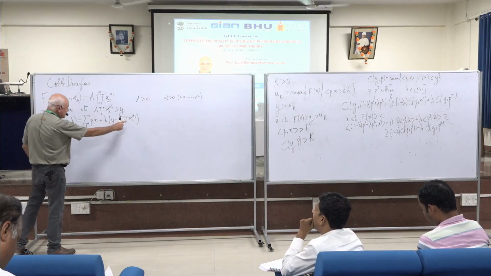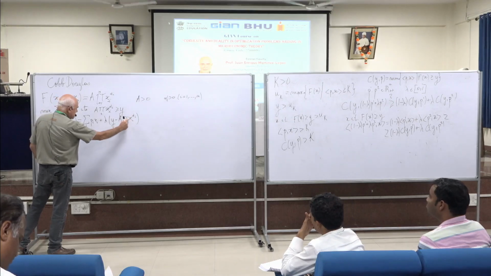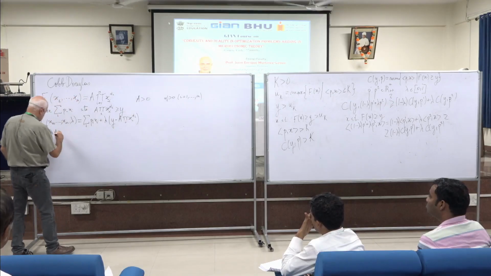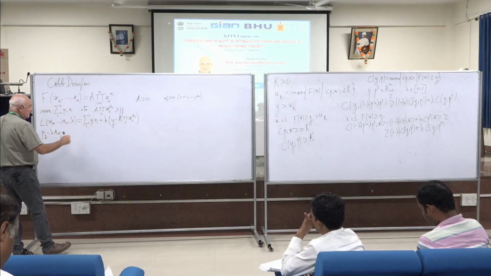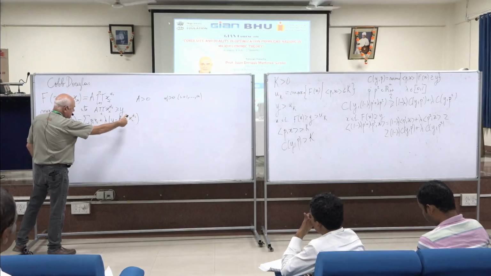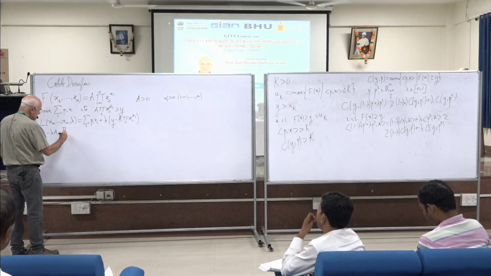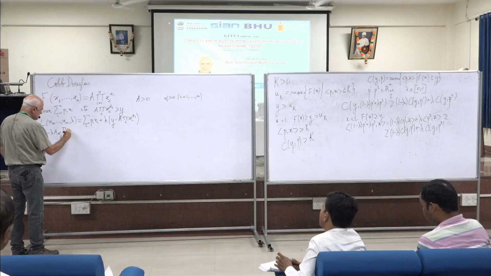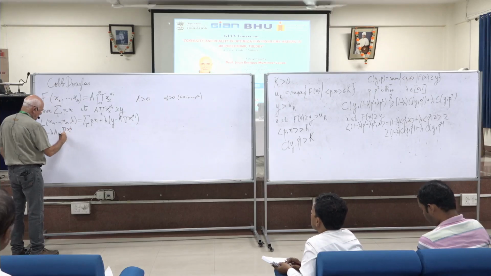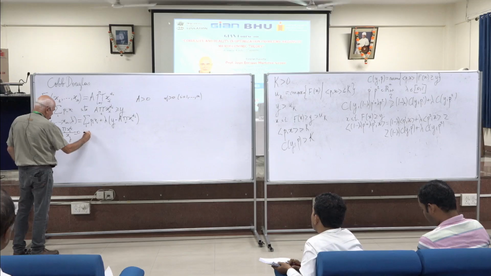So here xj to alpha j would become alpha j xj to the power alpha j minus 1, which means we are dividing by xj. This is equal to 0.